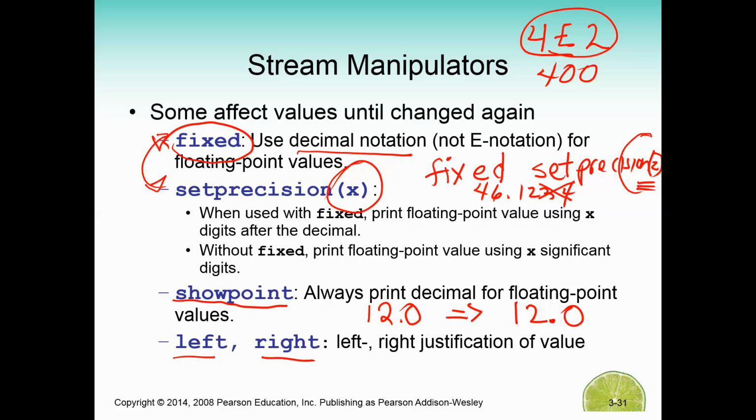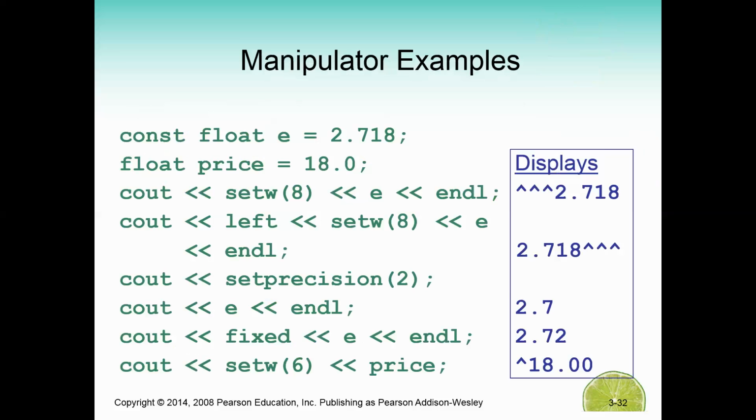Show point, we're specifying show the decimal point, right? Fixed, we're saying it's going to be in decimal notation. Left, align it to the left. Right, align it to the right. Set W, think of it as the width. So we're saying set the number of characters that we're going to have in that column.